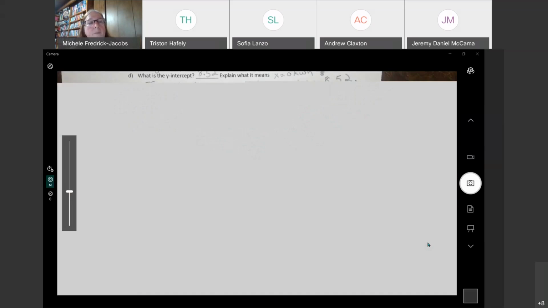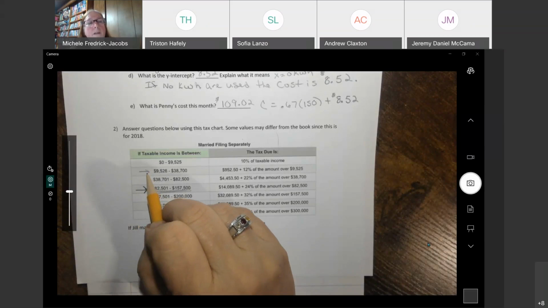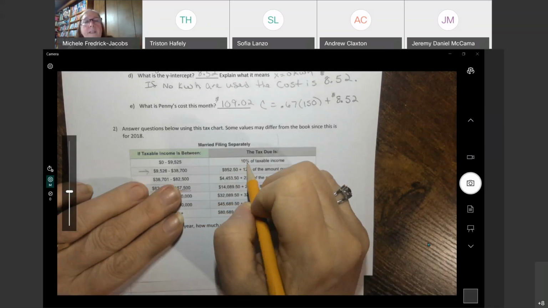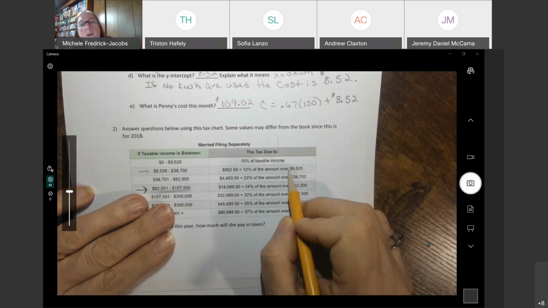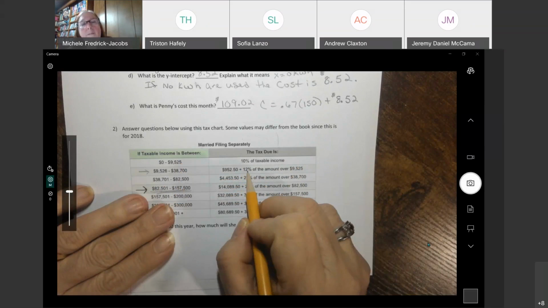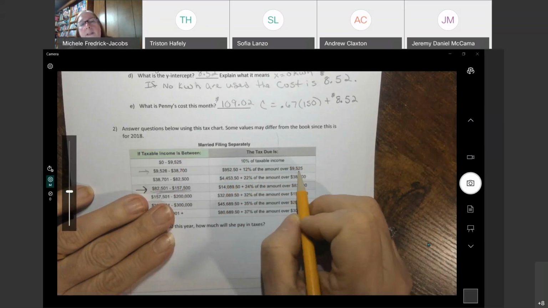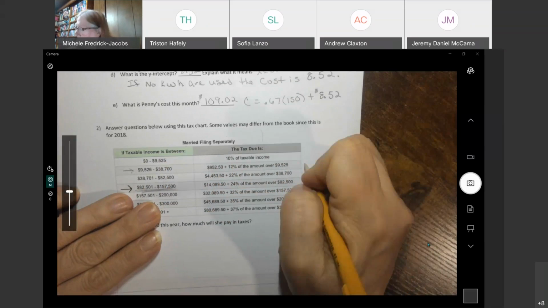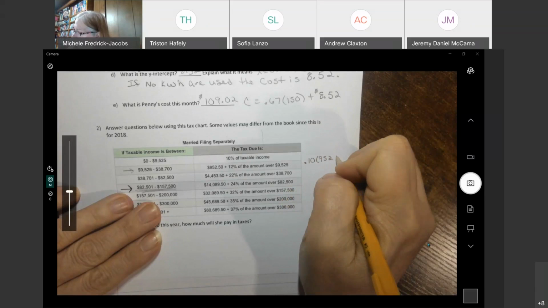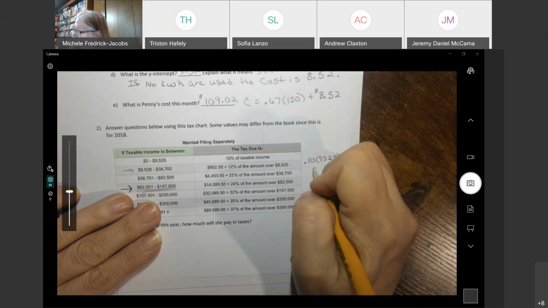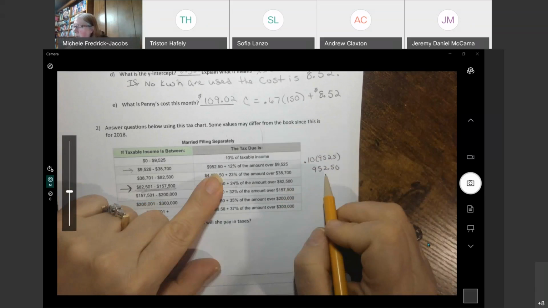Like if we fell into this bracket here, we'd pay 10% of this one, and then anything over that, we pay 12%. Notice if we find 10% of the 9,525, that's going to give us $952.50, which is right here.